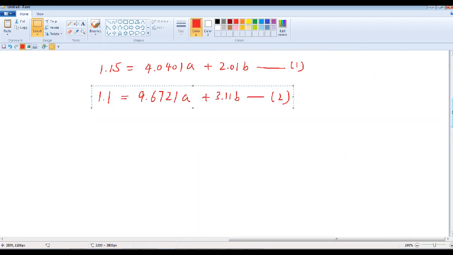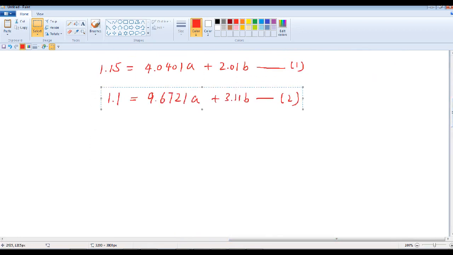Let's think, how could we solve this? To solve two equations in two unknowns, you need to get rid of one unknown, right? So how could we do this? You might use the method of elimination. But how could you use the method of elimination?